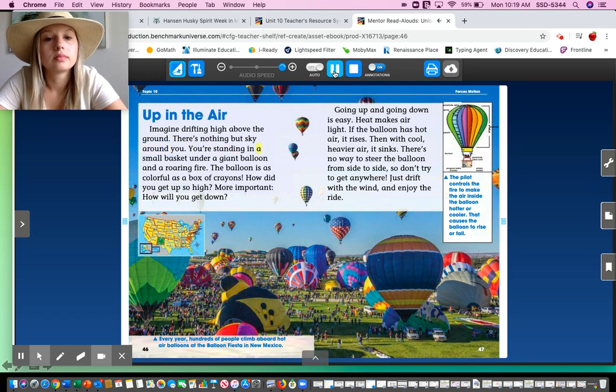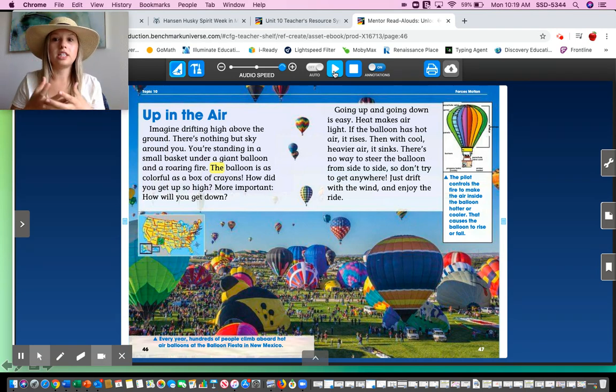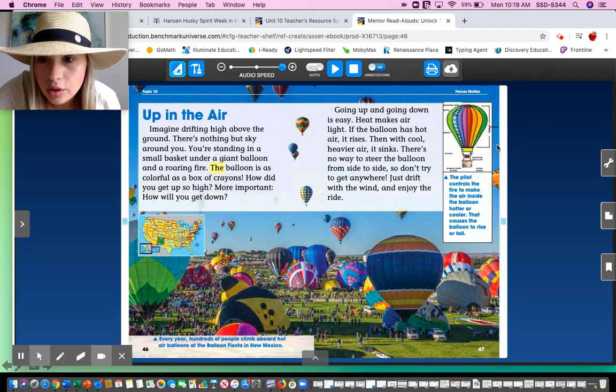You're standing in a small basket under a giant balloon and a roaring fire. So he's saying, I want you to pretend that you're standing in a basket. If you look right here, there's the little basket. And there's where the people are. So imagine you're standing in this basket, and above you is a big balloon.